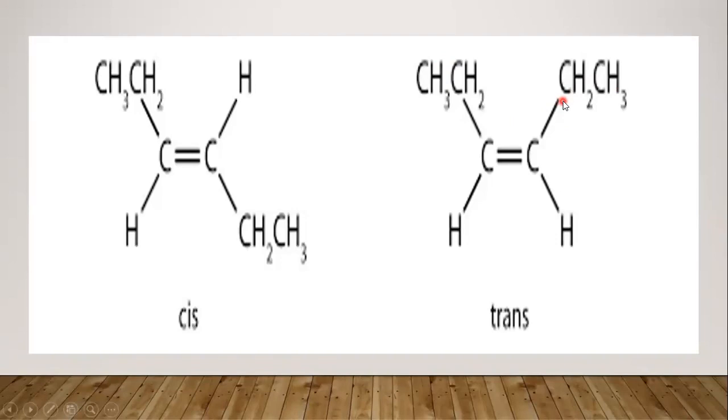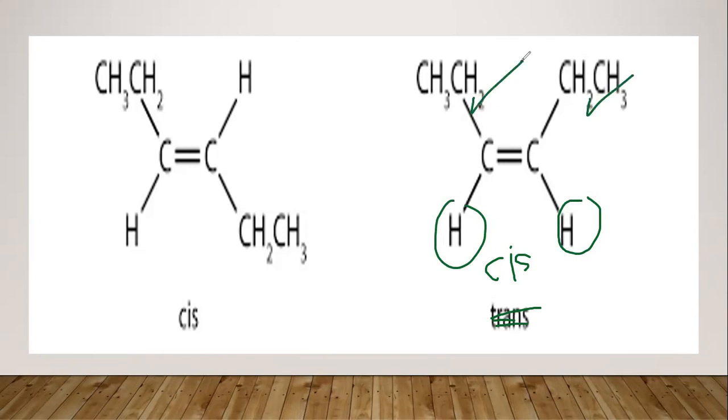Which one is cis? Which one is trans? This one is supposed to be cis, not trans. Why? Because the hydrogen is down and the hydrogen here is down, CH3 is up and the CH3 is up.